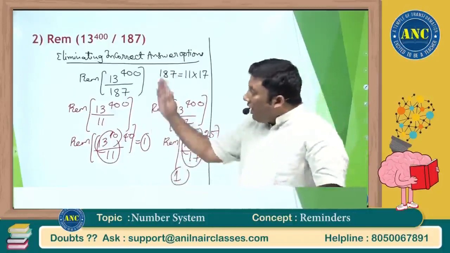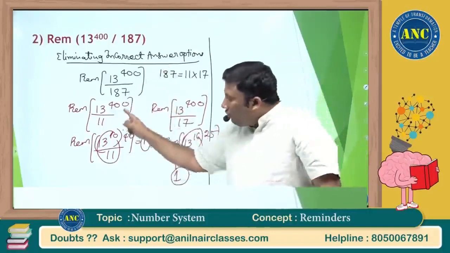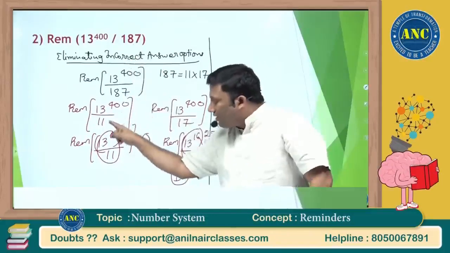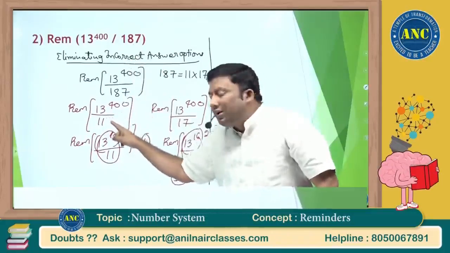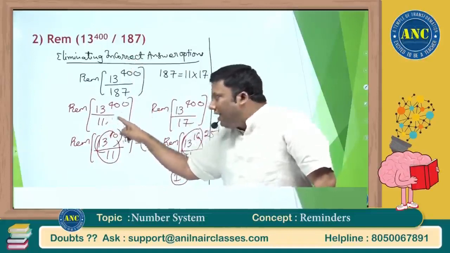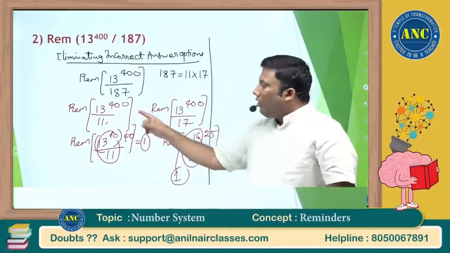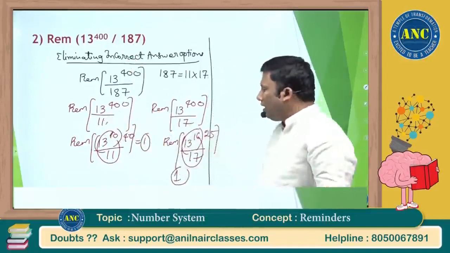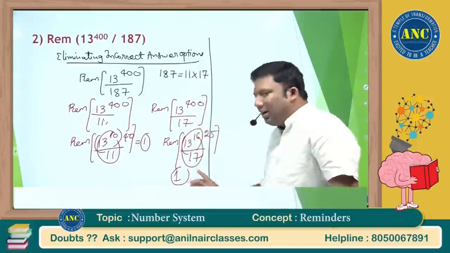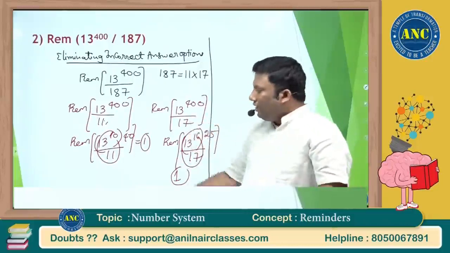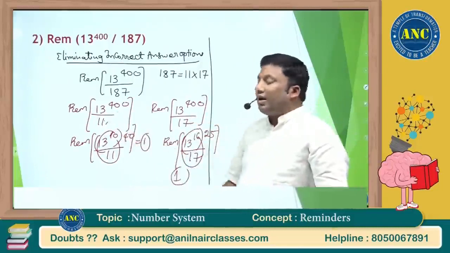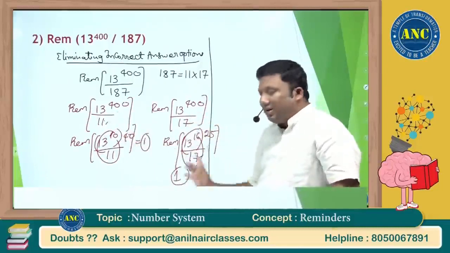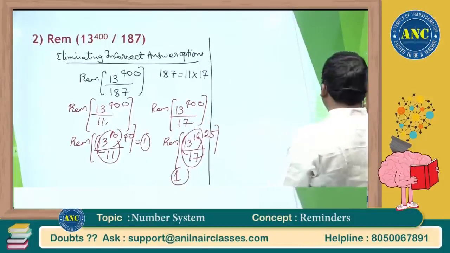That means when you divide this by 187, which is 11 into 17: when divided by 11, I should get 1, and when divided by 17, I should get 1.